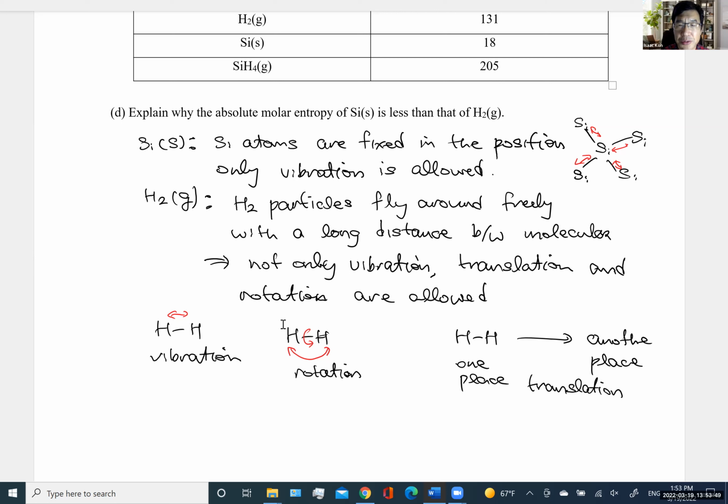So in this state, hydrogen can take many different states. We call these microstates. A higher number of microstates is allowed for hydrogen, so hydrogen has higher entropy. Generally speaking, the gas state has higher entropy than the liquid state, and the liquid state has higher entropy than the solid state.